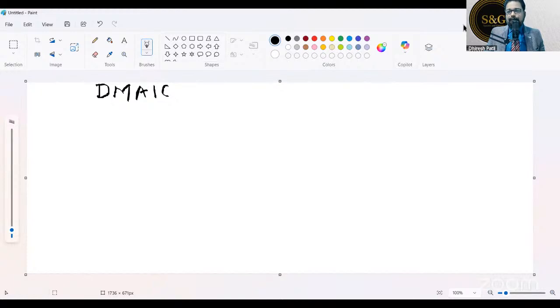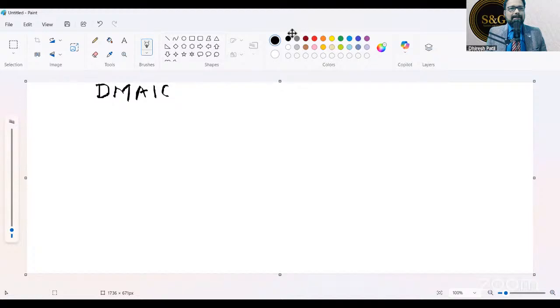Can you tell me in which phase we use process capability? Type in the chat box, all the old members, the senior members. Analyze, says Mr. Prashant. Measure, okay.